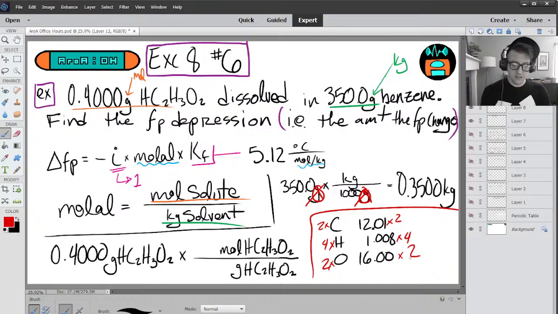So busting out my calculator, not my stopwatch. We have 12.01 times 2, 1.008 times 4, plus 32. So this comes out to be 60.052.